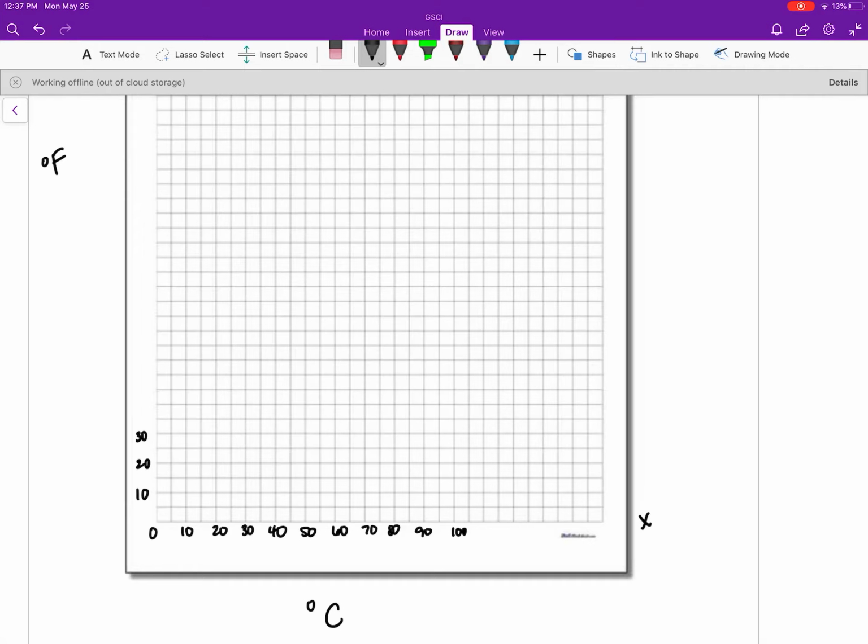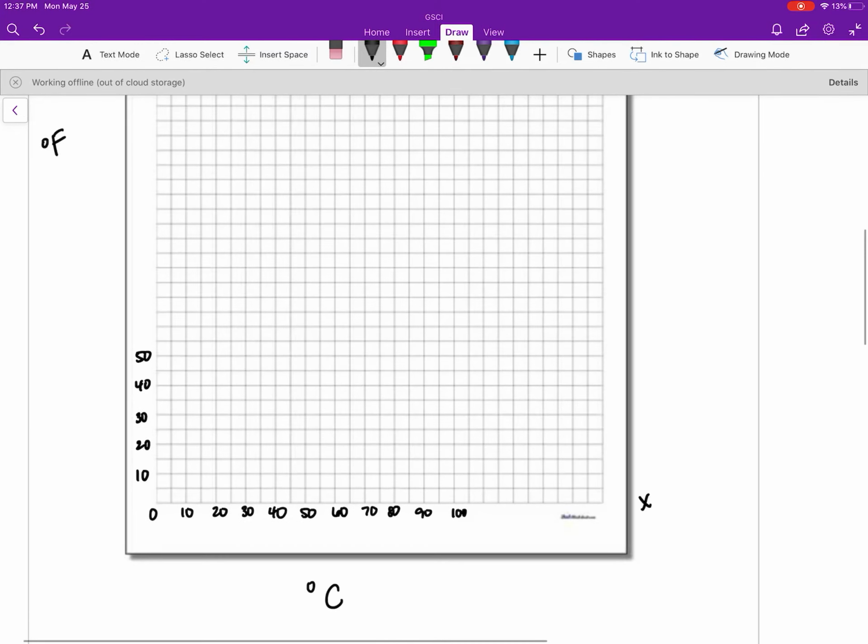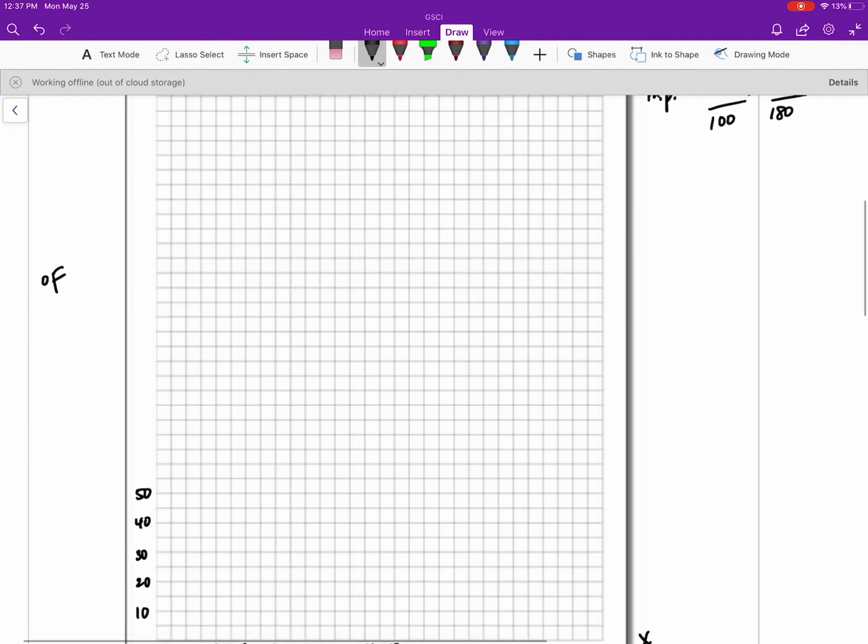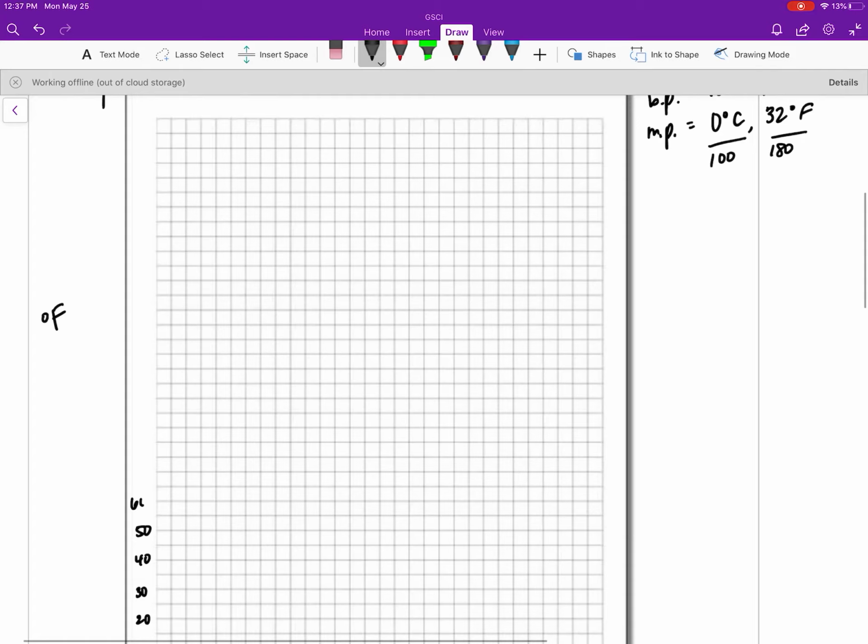So the reason why we do this is we just want to use the majority of our graph. I think I might run out, yeah, I'm going to run out: 30, 40, 50, 60, 70, 80, because I started at 32.